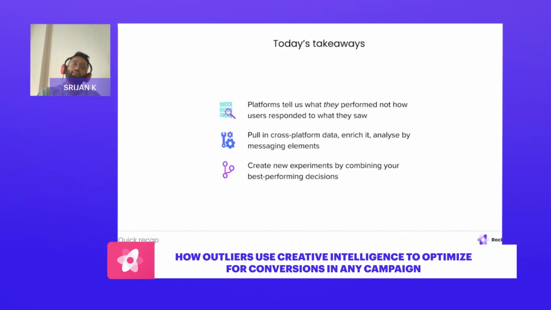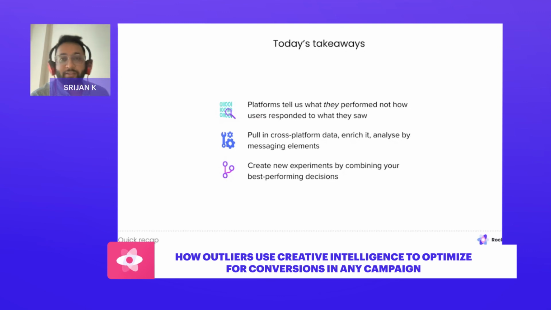So with that, we have come to the end of the hands-on lab session. I hope it was helpful and insightful for you to understand how you could do a much deeper level of campaign analysis and identify the best performing combinations to optimize the overall campaign conversions.